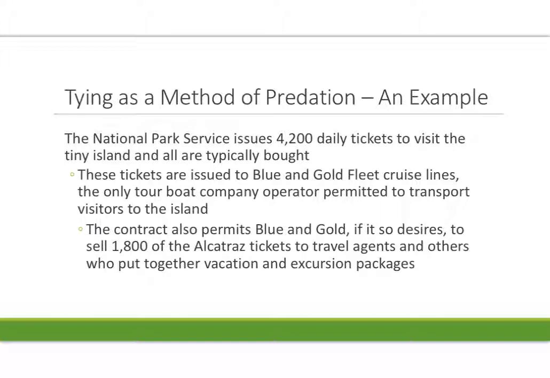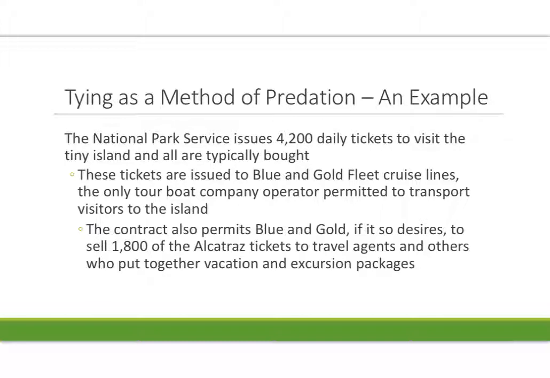That's what they wanted to keep the capacity on the island to just 4,200 per day to preserve the site. And they gave these tickets to Blue and Gold Fleet Cruise Lines out of the Bay Area, and they were the only tour boat company that was allowed to transport tourists to the island.